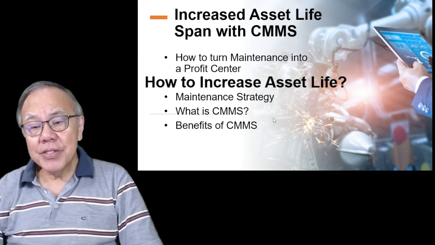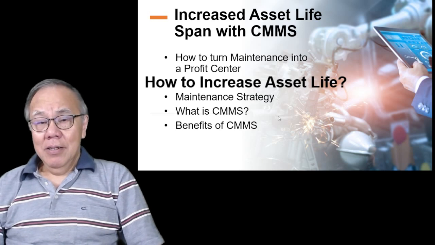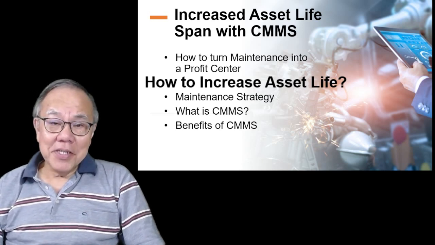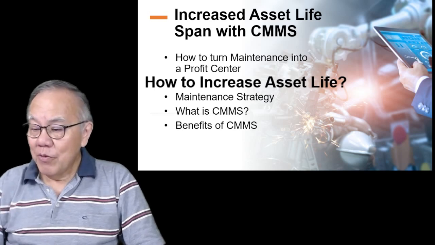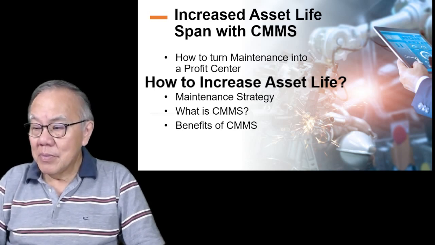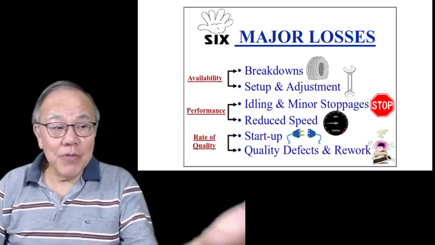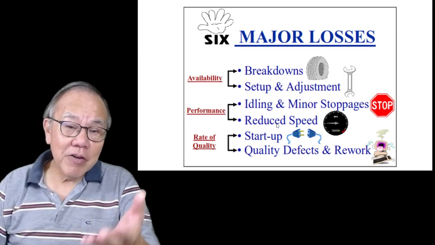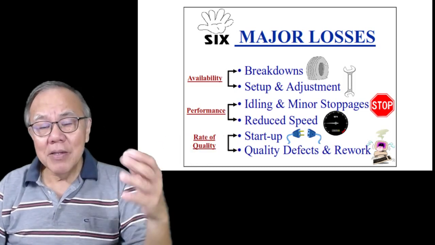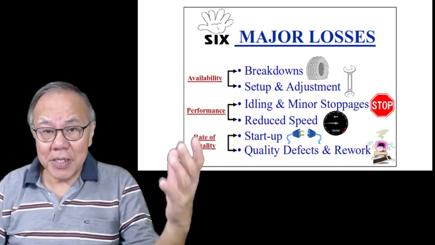So how do you actually increase asset life? One simple answer is by having good maintenance. Or like I told you before, to reduce these six major losses. Because when these six major losses happen, your machine is not producing.